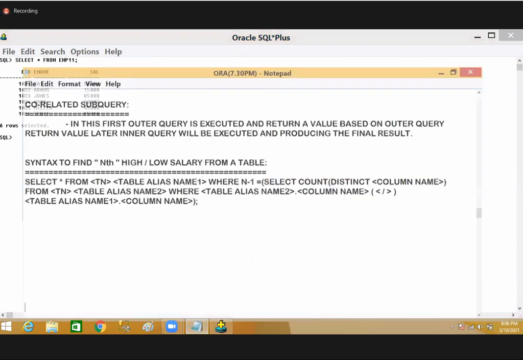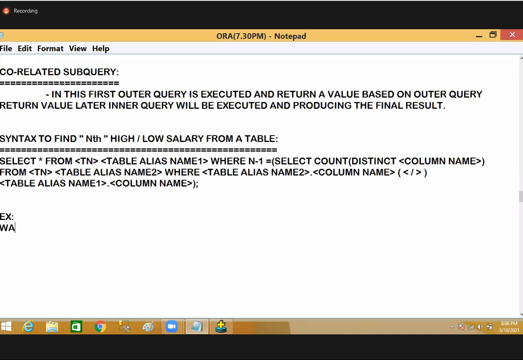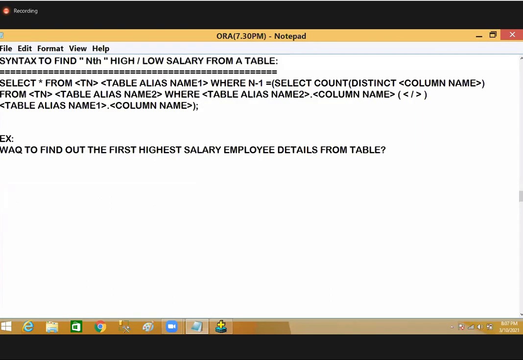Write a query to find out the first highest salary employee details from a table. Generally, when you want to get the first highest salary, we know how to write a non-correlated subquery for it. But when I go for a correlated subquery, how can we find out this first highest salary?